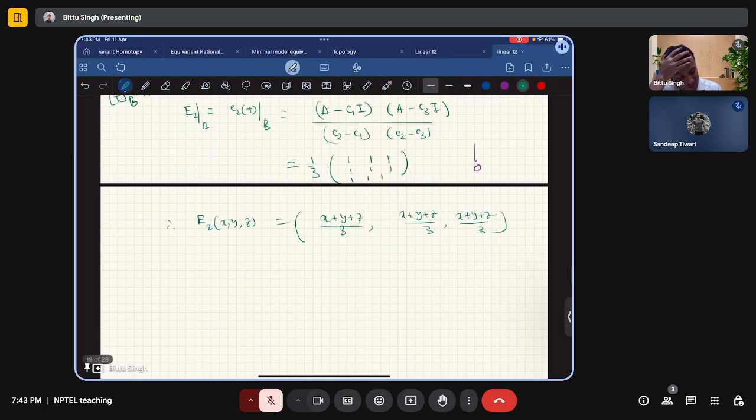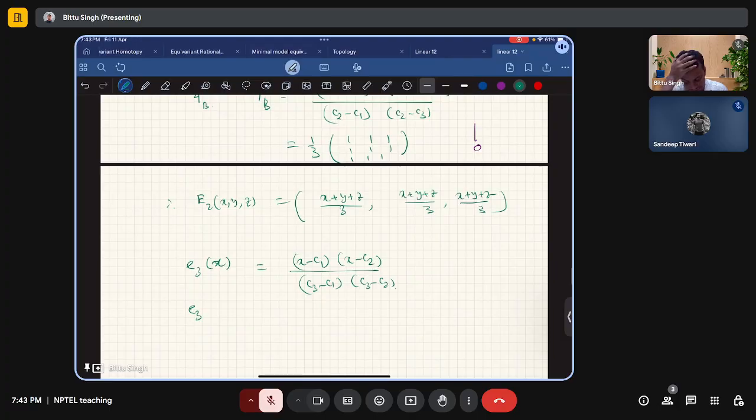Okay. So what is E3? Again the same calculation. For E3 we need to use that formula, E3 of x is same as x minus C1 times x minus C2 by C3 minus C1 times C3 minus C2.